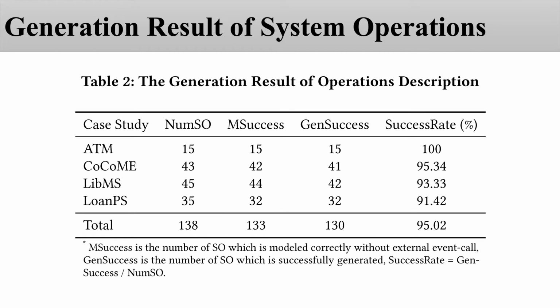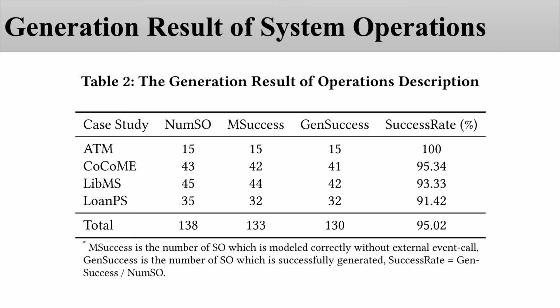For the OCL contracts, the results of system operations are shown in Table 2. 133 of 138 system operations can be modeled correctly, and 130 of the 133 can generate semantic descriptions correctly. Therefore, the total success rate is 130 divided by 138, and the result is 95.02%.